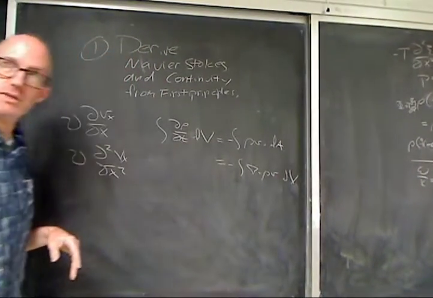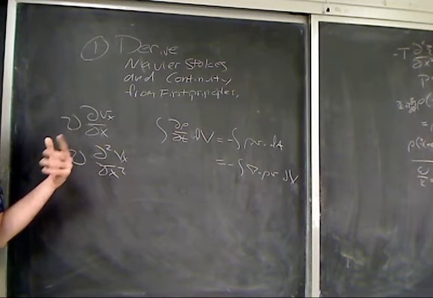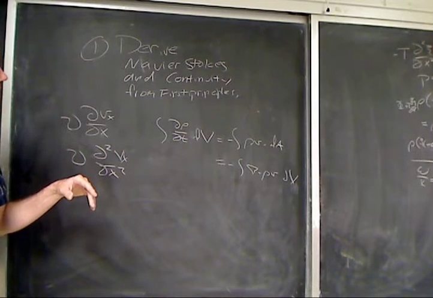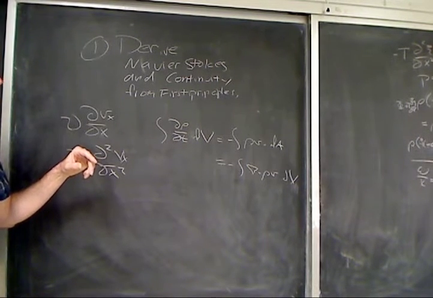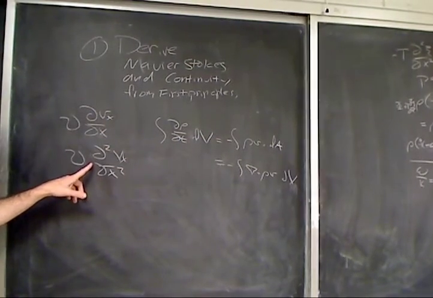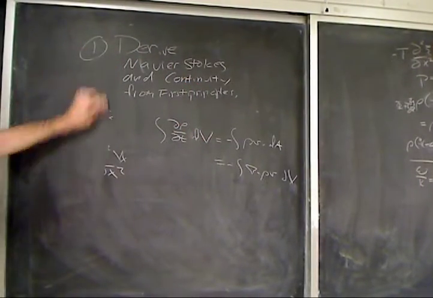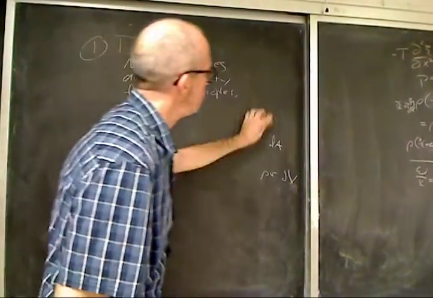And so that's where continuity comes from. You should say a little bit more than what I just did, but that's really all I'm looking for. When I do the same thing with the force term, it turns into the grad squared term. So that's where the Navier-Stokes comes from. That's thing one that I want to make sure that everybody has on their radar.